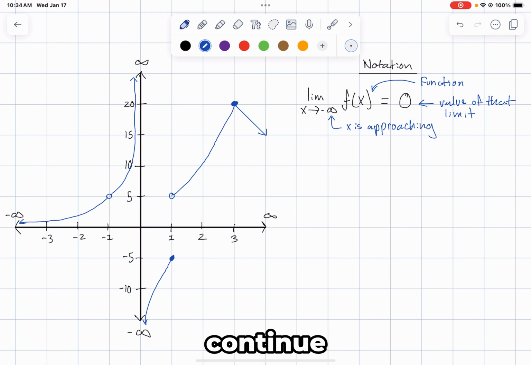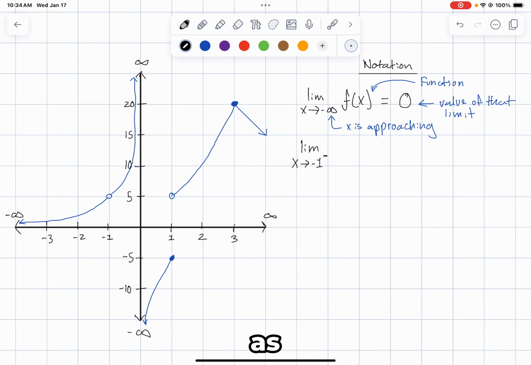So now let's continue. We see that as we go up, we have a discontinuity right here, a little hole, and then we keep going up. So let's evaluate the limit at that hole. First off, I'm going to evaluate the limit from the left. So the limit as x approaches -1 from the left will be written as -1 with a minus superscript.